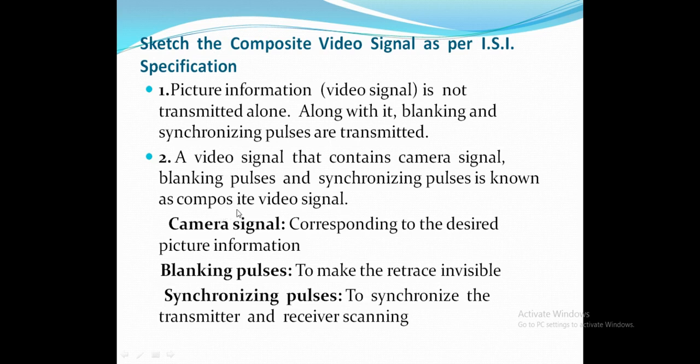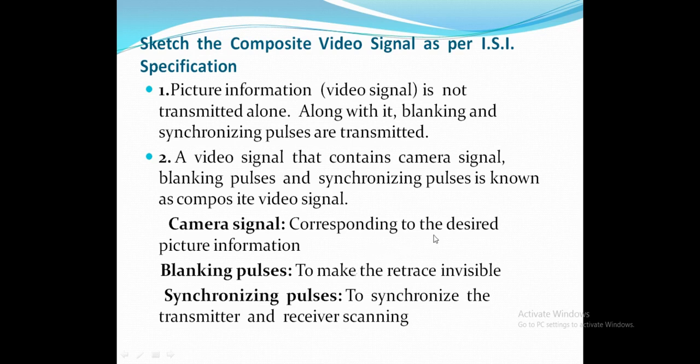What is the camera signal? The camera signal carries the desired picture information. Coming to the blanking pulses, to make the retrace invisible, we apply blanking pulses. Next, synchronizing pulses: to synchronize the transmitter and receiver scanning, we use synchronizing pulses.